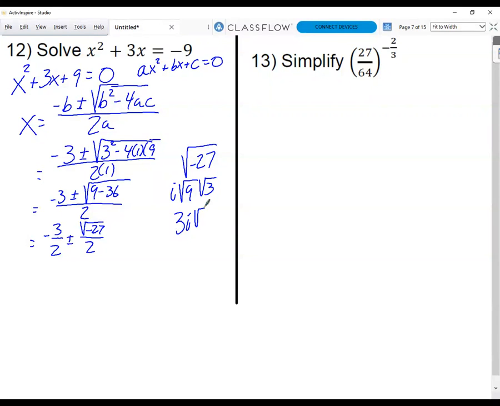So 3i root 3. So this equals negative 3 halves plus or minus 3i root 3 over 2. And at that point, you are done. And it's really cool because if you look at this, it's an x squared, and we said the highest degree determines the number of solutions, and there's your 2 solutions.